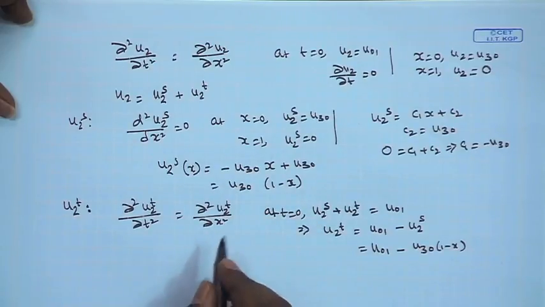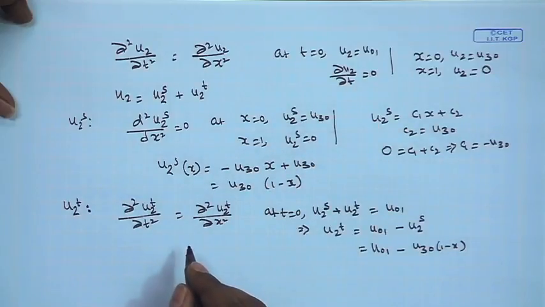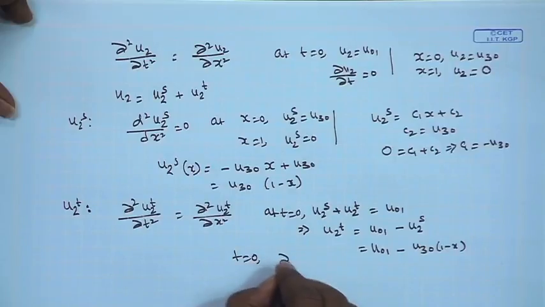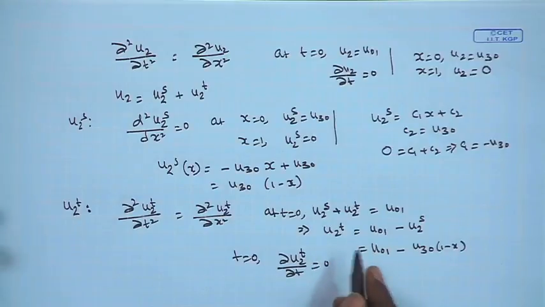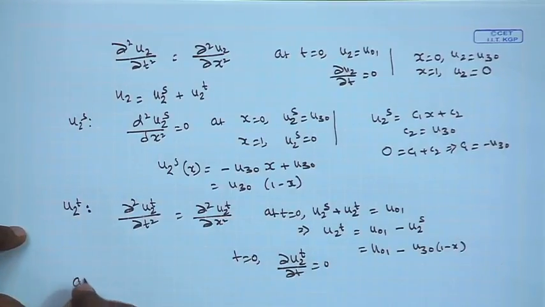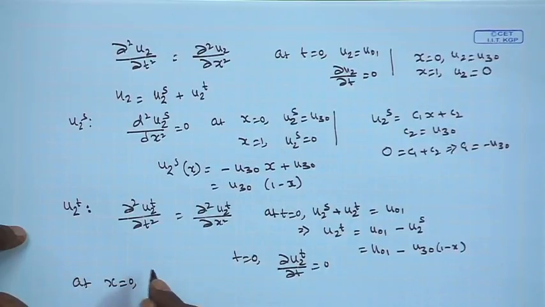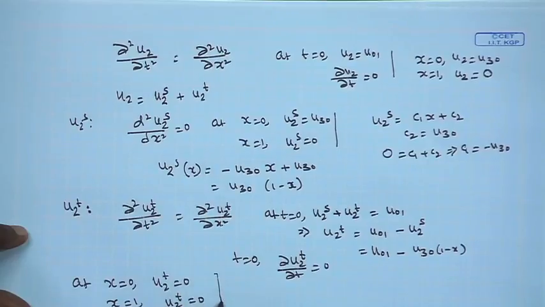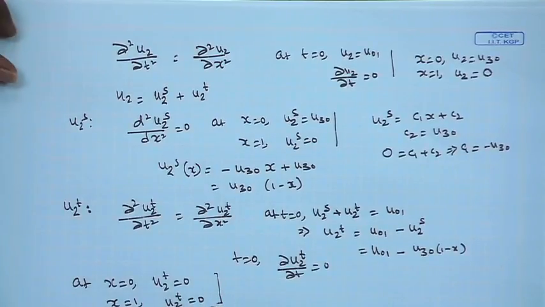Similarly, at t is equal to 0, del u2t del t equal to 0, because the spatially varying part, the time derivative of that will be equal to 0. And the boundary condition at x equal to 0, I have u2t is equal to 0, and at x is equal to 1, u2t is equal to 0.